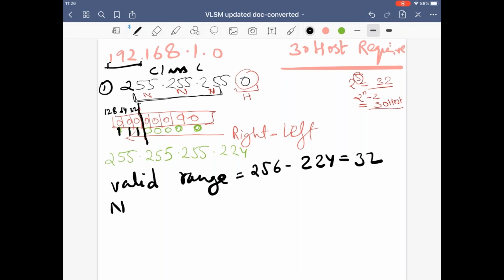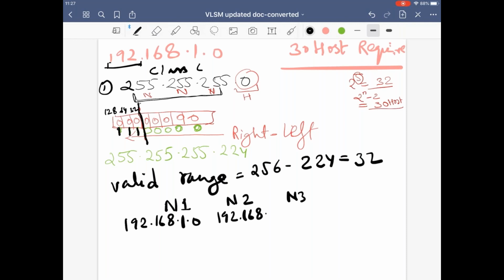So my network 1 will be 192.168.1.0. I will write it this way: network 1, network 2, network 3. 192.168.1.0 is N1.